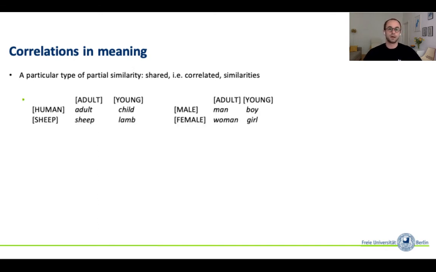So if we have a look at this table and at the pairs of words that we see there, adult, child, sheep, lamb, man, boy, woman, girl, they can be described as intersections of the features human, adult, human, young, sheep, adult, sheep, young, and so forth.